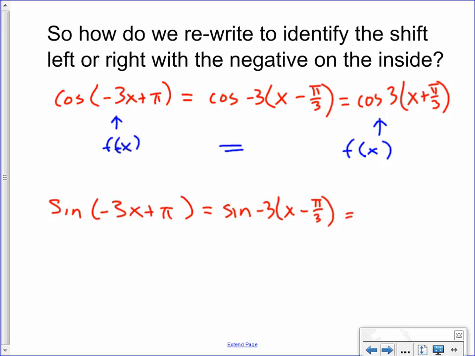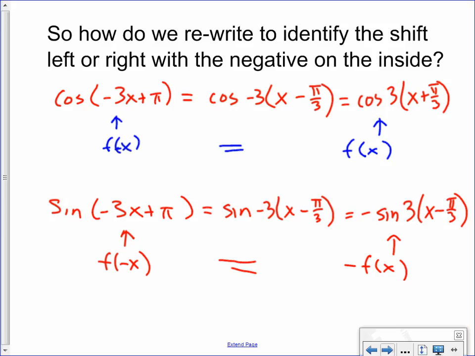That's the same thing as negative sine of 3x minus pi over 3. Actually, wouldn't you have to pull a negative from both? It should be the same thing. Anyhow, this is f of negative x, and this is the negative of f of x. These two things should be the same, which is what we just talked about.